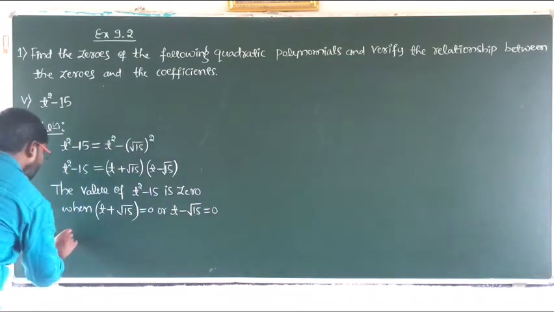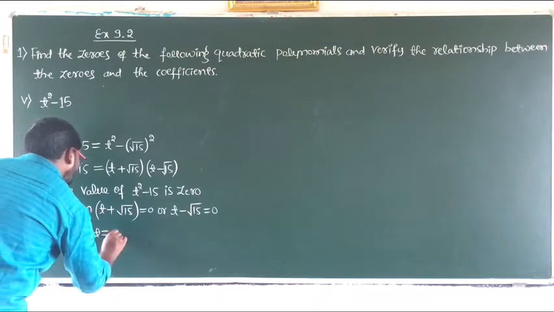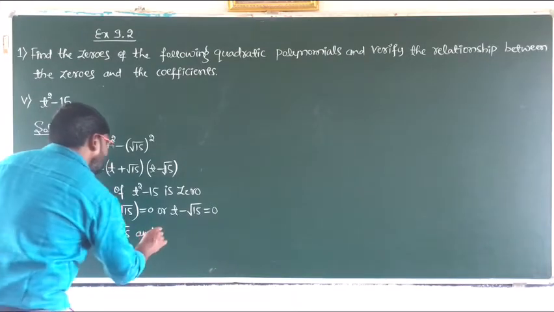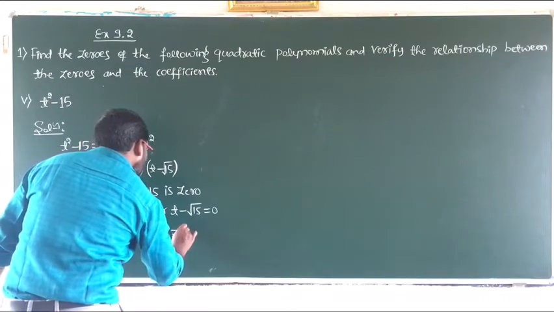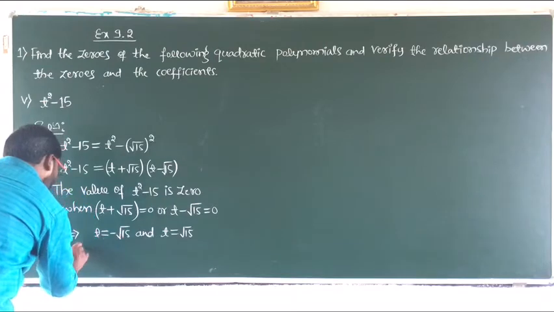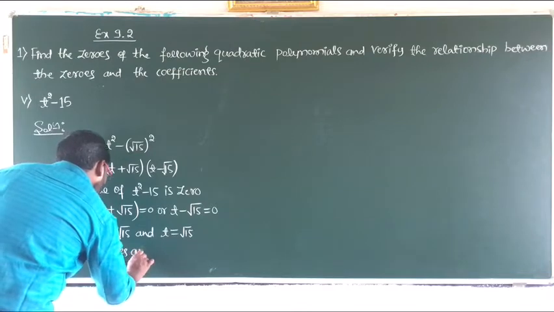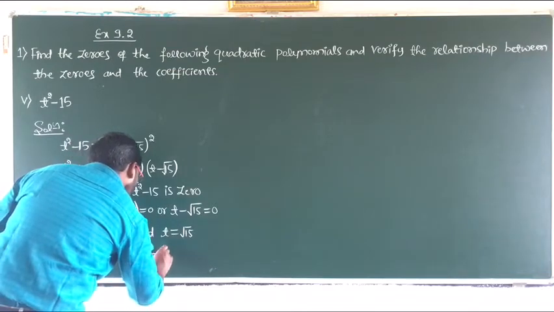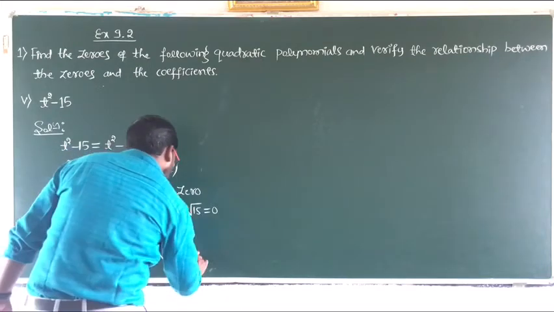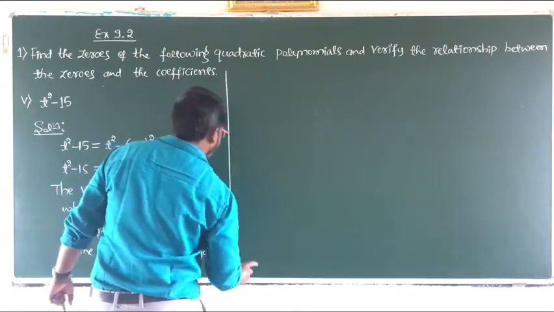So this implies t is equal to minus root 15 and t is equal to plus root 15. So, these are the two zeros. The zeros are minus root 15 and plus root 15. Now, we will have to go for the verification.